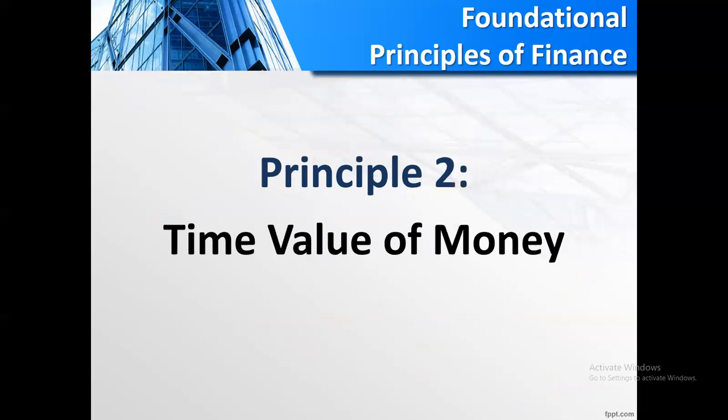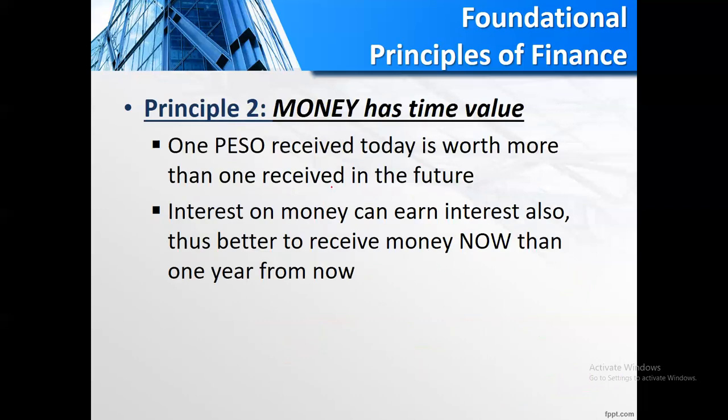Now next, time value of money. As I said, guys, only for this chapter 1, I'll be doing more of a monologue, but when we go to chapter 28, it will be more hands-on. Time value of money: what did we say? 1 peso today is worth more than 1 peso in 5 years' time. Money earns interest, and interest is money, so interest can also earn interest.